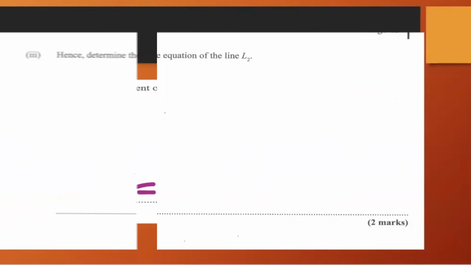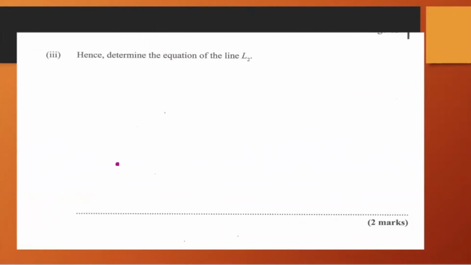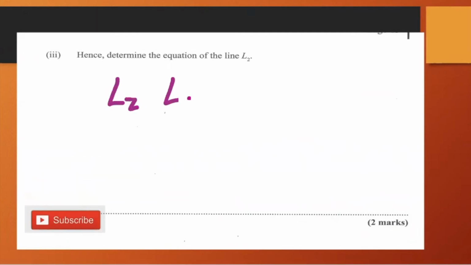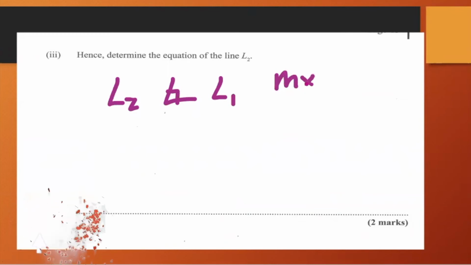The next part, hence determine the equation of the line L2. Now, L2 is perpendicular to L1. Once lines are perpendicular, we know M1 times M2 is equal to negative 1.